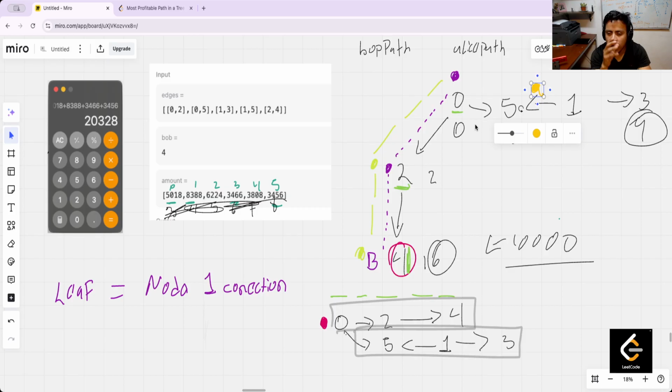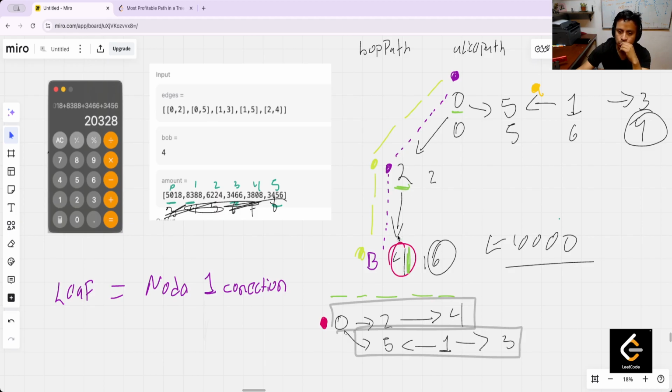And if I pass the value from the node 0, that in this case is 5018, and I add this value to the 5, that is 5018 plus 3456. The result is like 8000 something. Yeah, that saved here in the 5, 8000. Now, if I follow this, go to the 4.